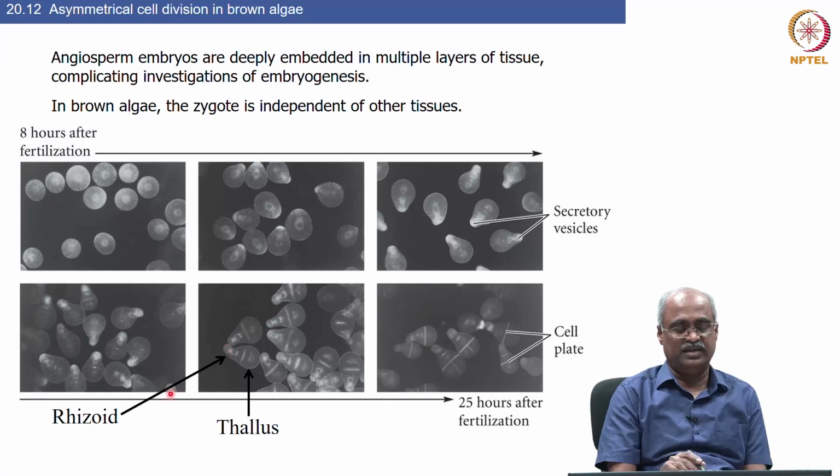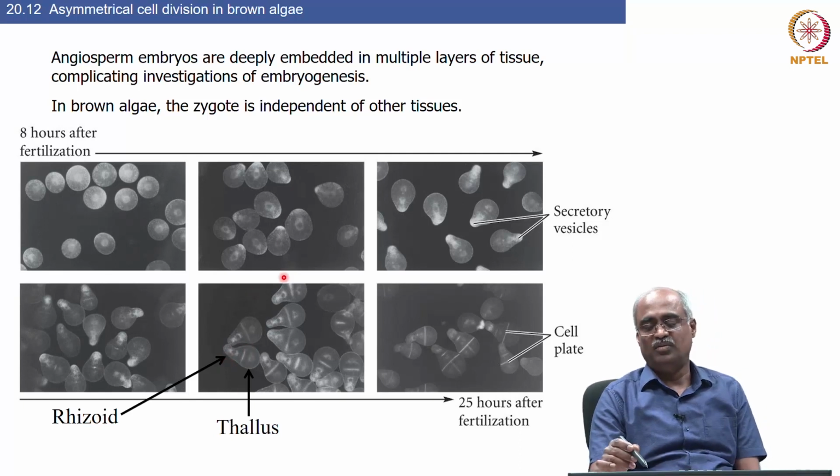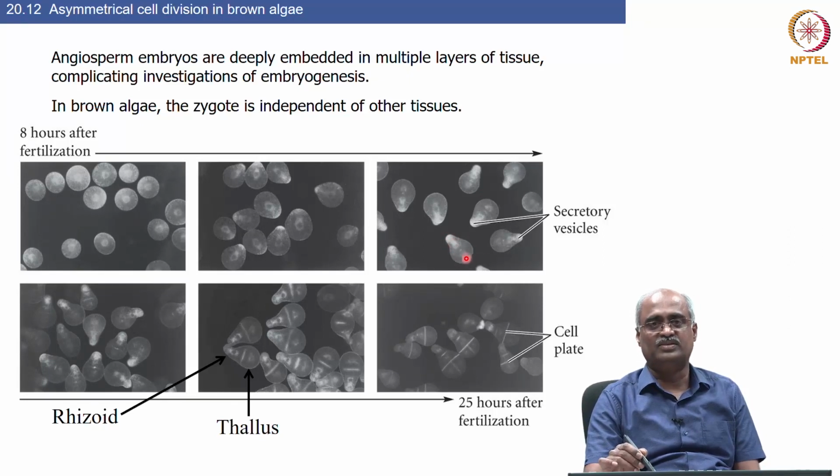So, in this you can see that asymmetry. This is forming a structure which we call the rhizoid, and you can see the secretory vesicles, the white colour, moving asymmetrically towards this rhizoid end, not to the other side.